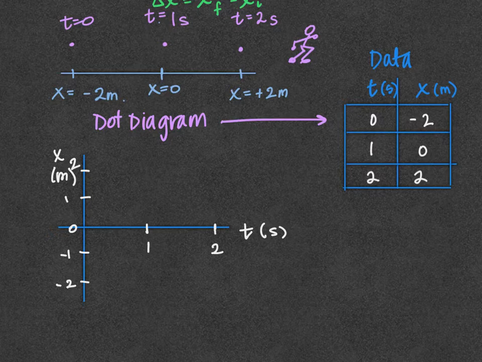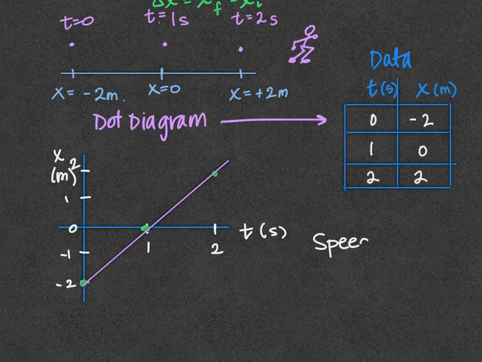Now I'm going to plot my points. My first point is at t equals 0, and position is negative 2, and then at 1 second, 0. At 2 seconds, we're at positive 2. Draw a straight line through the data.